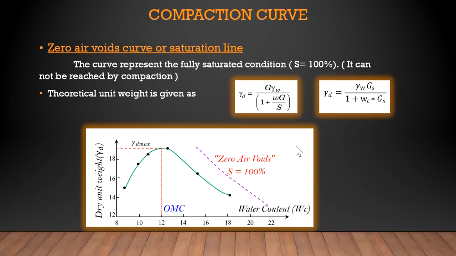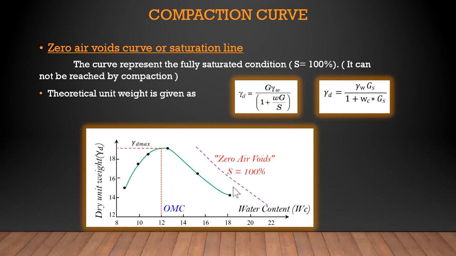The lines obtained on the plot of gamma d versus w are called the 95% saturation line, 90% saturation line, 80% saturation line, etc. If one substitutes S equal to 100% and plots the corresponding line, one can obtain a theoretical saturation line, as you can see in the image.